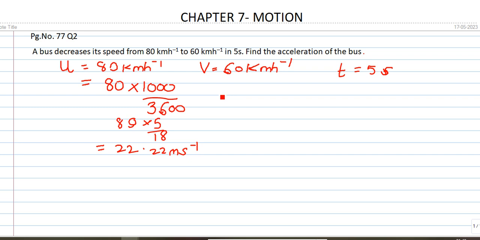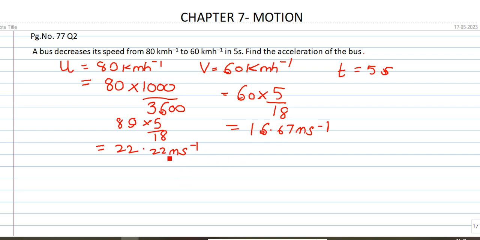Similarly, we convert this 60 into meters per second: 60 into 5 by 18, which is 16.67 meters per second.